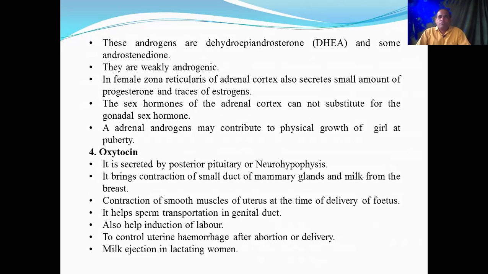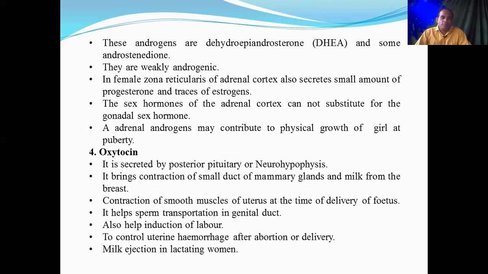Now the fourth, oxytocin. Oxytocin is secreted by the posterior part of the pituitary gland, that is, the neurohypophysis. It brings about contraction of the small ducts of the mammary gland and ejection of milk from the breast. It causes contraction of the smooth muscle of the uterus at the time of delivery of the fetus.